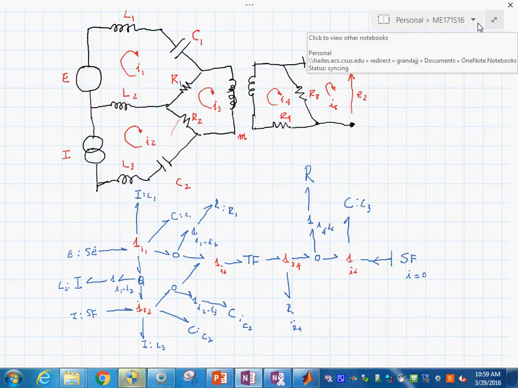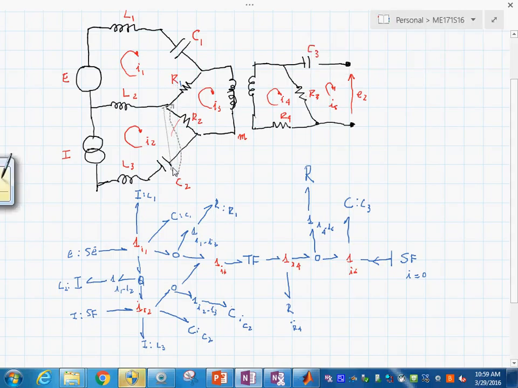R2 is between I2. Yeah, this is an error. This one is R2. Let's correct that. Thank you. With value R sub 2. There we go. Anything else?